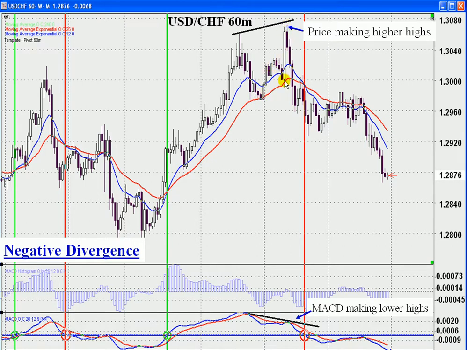This was effectively generated by an economic report that came out, and price moves up slightly beyond the previous high, while MACD had already started to move lower and forms a lower peak, while price attempted to make a new high, was rejected, while MACD is making a lower high preceding price, and a nice down move follows.